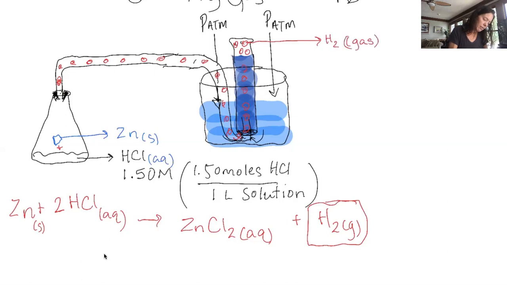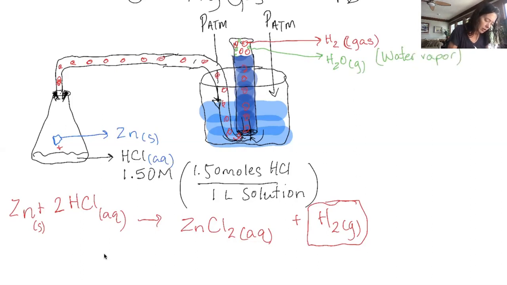Now, what we have here is not a pure sample of hydrogen gas, but there's going to be another gas present. And that other gas that's present is going to be H2O gas. It's going to be water vapor, right?